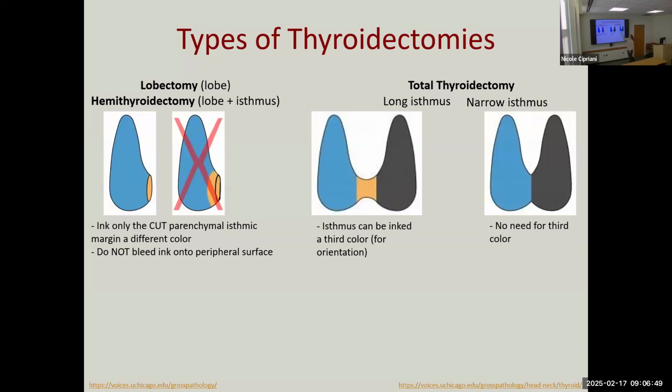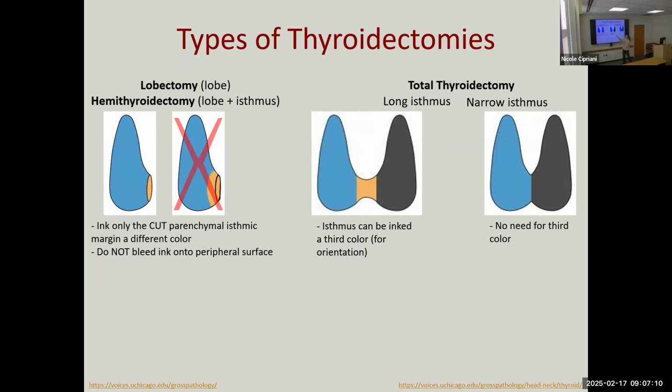We know about inking. We specifically ink the isthmus differentially to know that that's where we are. If you have a cut isthmic margin, we just want to ink the cut margin, because that is in continuity with the other side of the gland. That is not in continuity with the soft tissue of the neck of the patient.